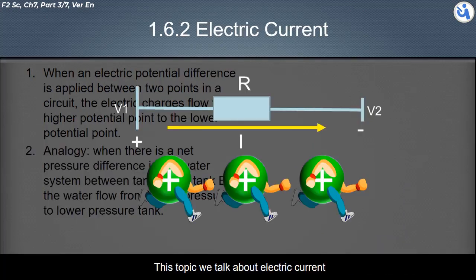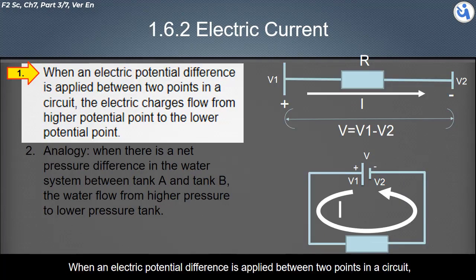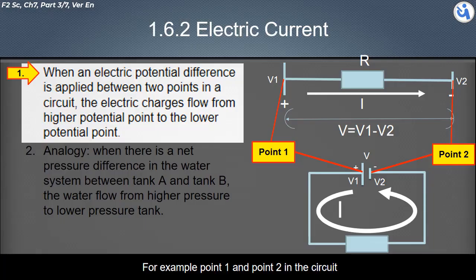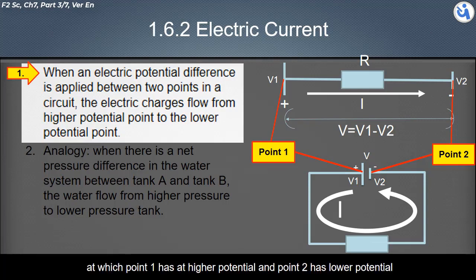This topic, we talk about electric current. When an electric potential difference is applied between 2 points in a circuit, the electric charges flow from the higher potential point to the lower potential point. For example, point 1 and point 2 in the circuit, at which point 1 has higher potential and point 2 has lower potential.